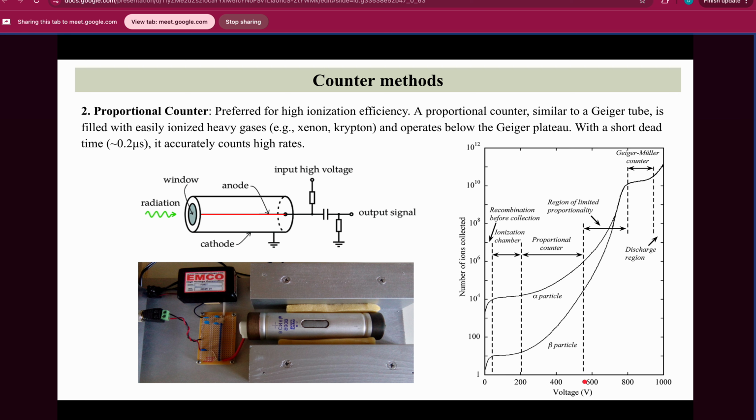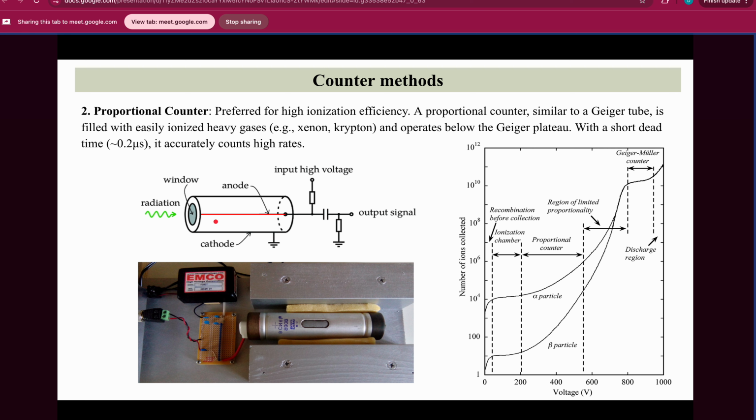So 580 volts is the voltage at which it needs to be operated, because it has the easily ionizable heavy gases. That is also one of the reasons, and it has a short dead time, about 0.2 microseconds, and it accurately counts high rates. So that's why it is an alternate method to Geiger-Müller if you want to operate at a lesser voltage than Geiger-Müller.